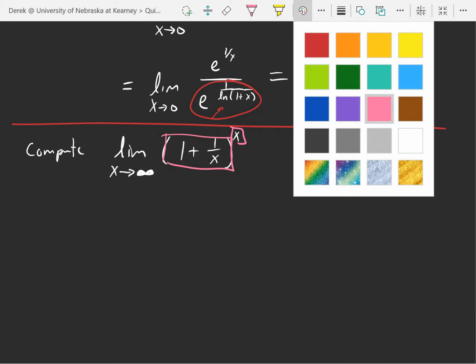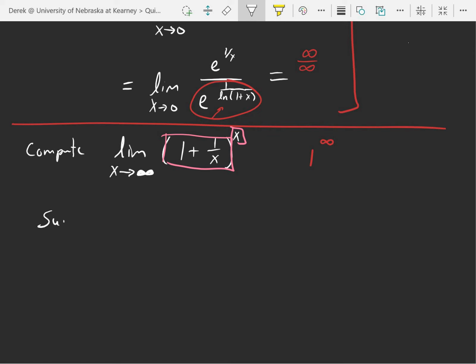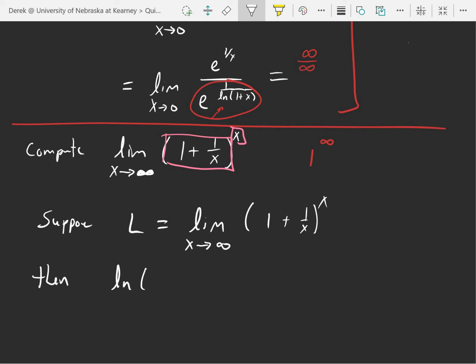So what we're going to do is we're going to take, let's say, suppose L is equal to this limit, (1 plus 1 over x) to the x. Then the natural log of L is equal to the natural log of the limit.